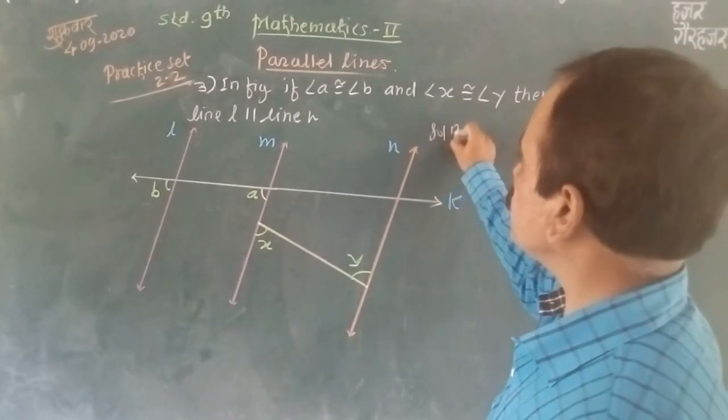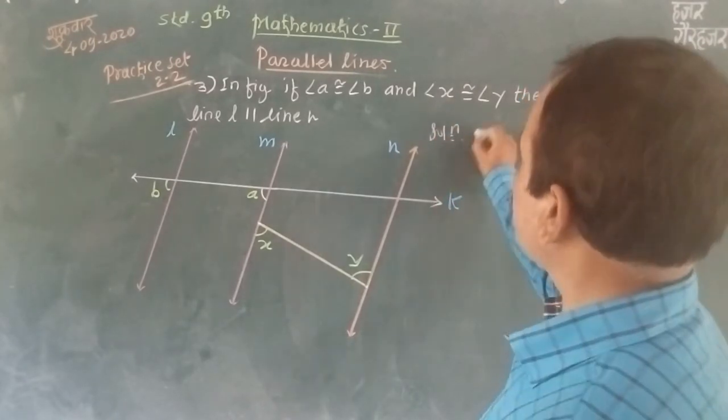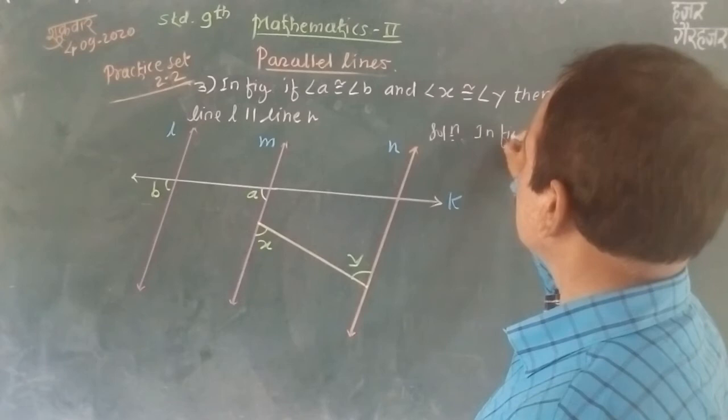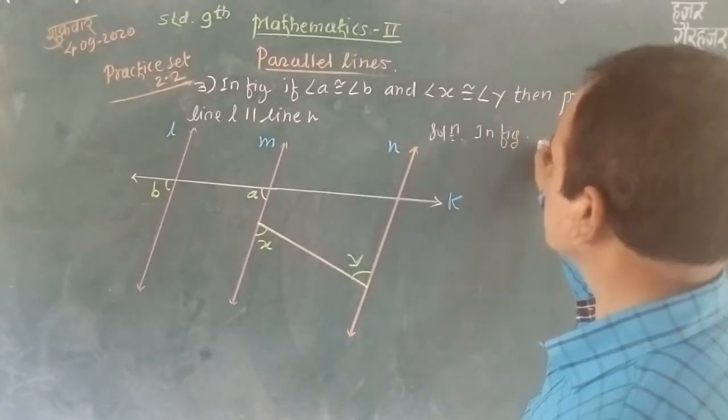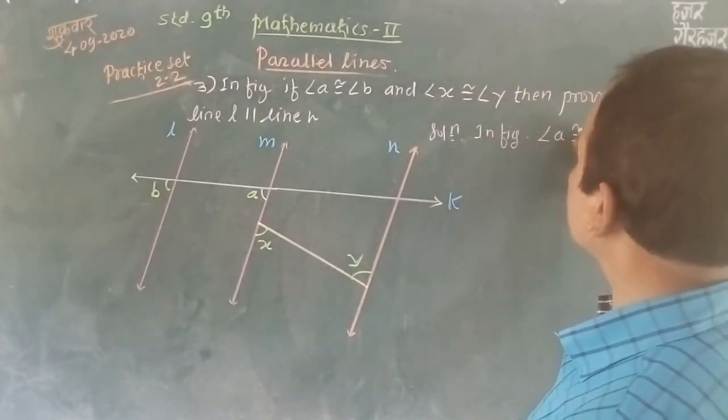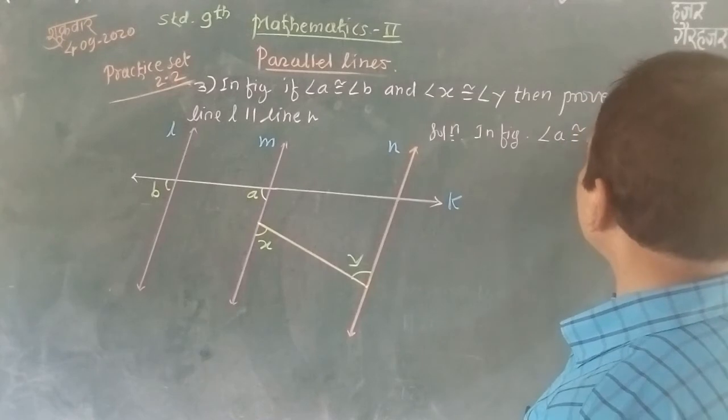Solution. In figure, angle A is congruent to angle B is given.